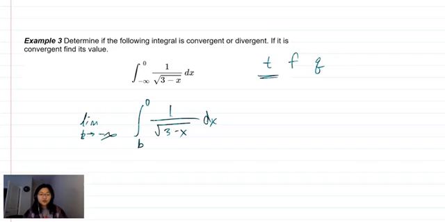Now, there's a few ways we can proceed from here. We could do a u substitution and think about this in terms of that. That's one option.